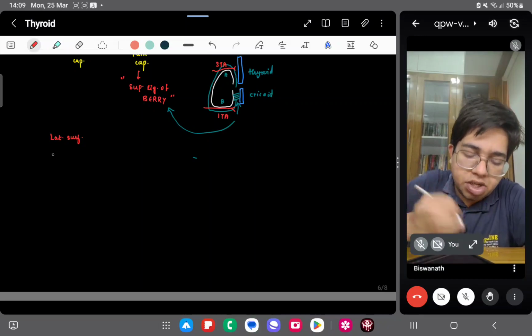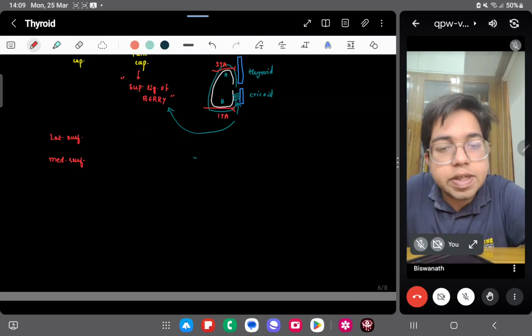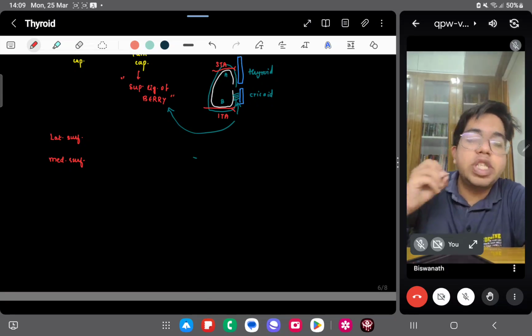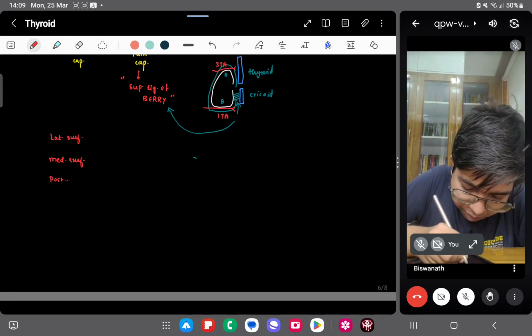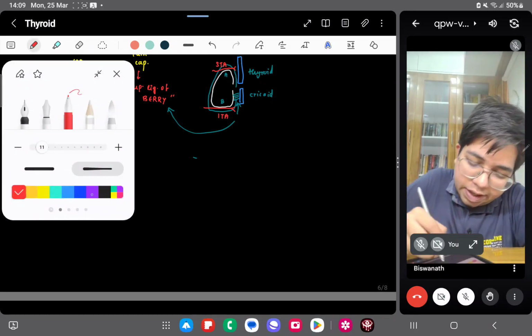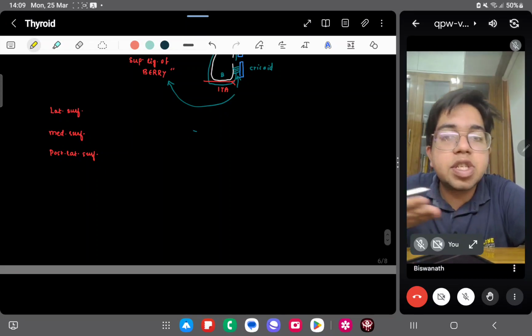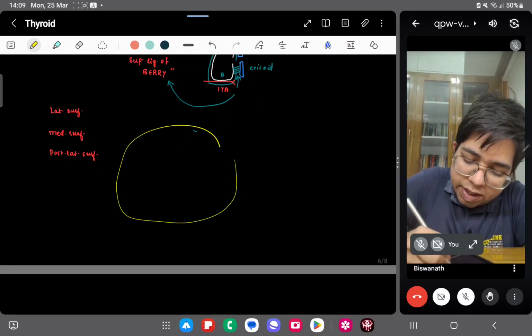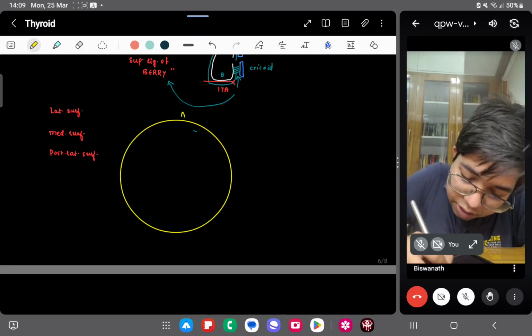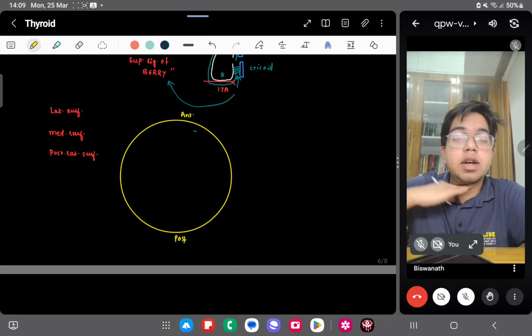Just pay attention. I'm drawing a transverse section of your neck. This is the anterior, and this is the posterior.